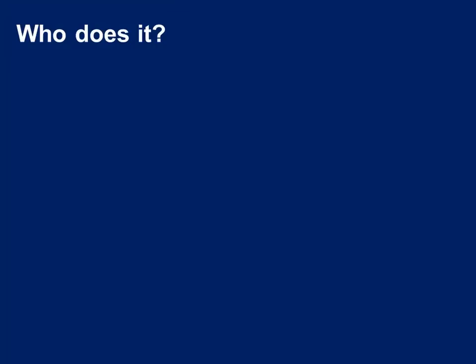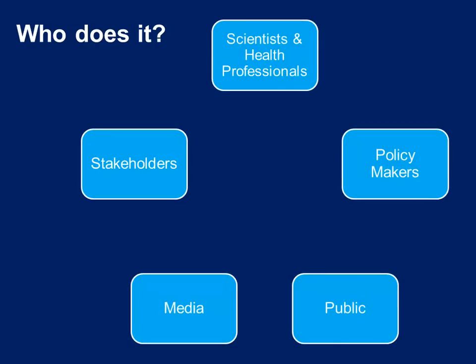So who does it? Well, lots of people do science and health communications. We've got the scientists and health professionals, stakeholders, policymakers, media, and the public. Scientists and health professionals are communicating with the media.